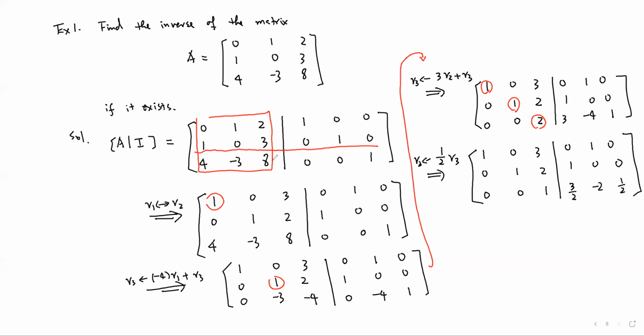Now, perform backward elimination. This time, I use this number as the pivot to create zeros above. -2 times row 3, add to row 2, and put the result in row 2. Step by step, don't make mistakes. This operation only changes row 2, so let me copy row 1 here.